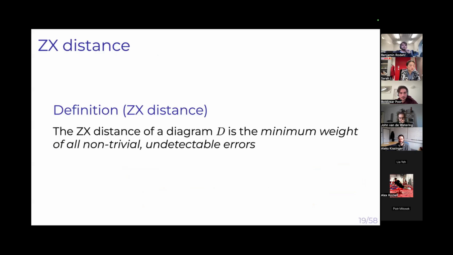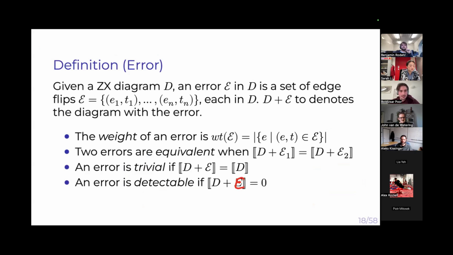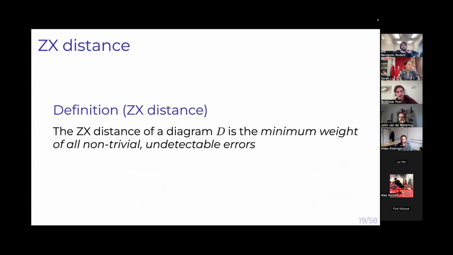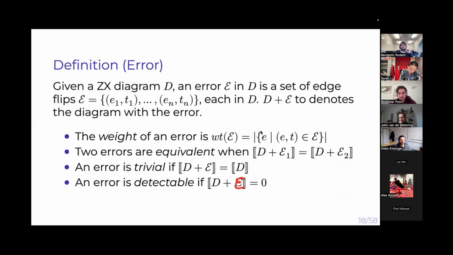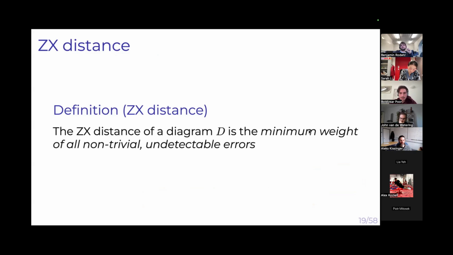Okay, so ZX distance. Now we have defined what an error is on ZX diagrams. Let's look at distance. We say that the ZX distance of a diagram is the minimum weight. Just remember, a weight was the number of edges affected. The minimum weight of all non-trivial errors.